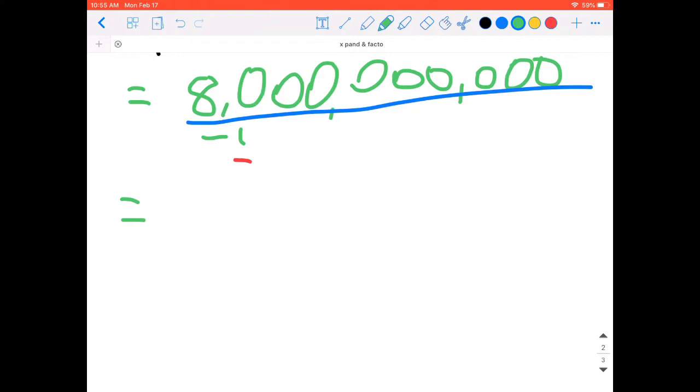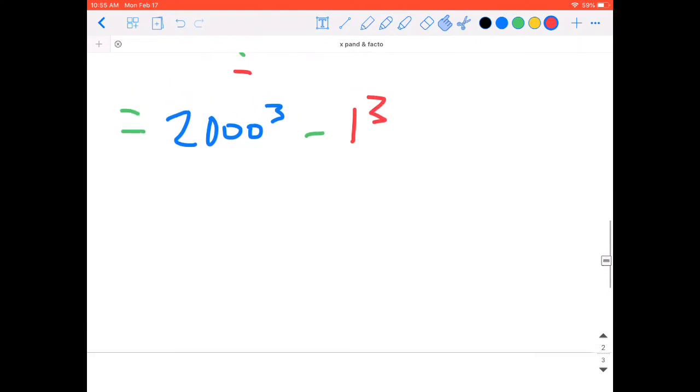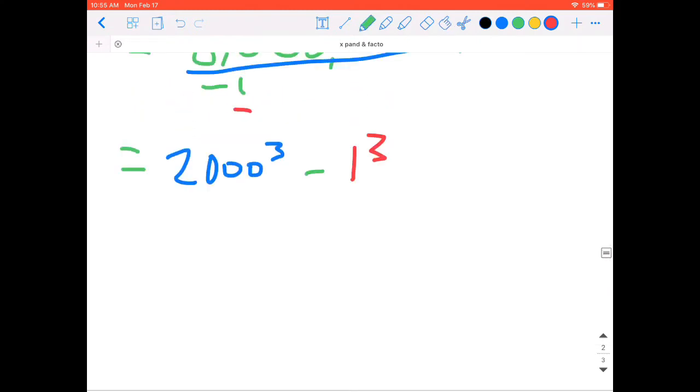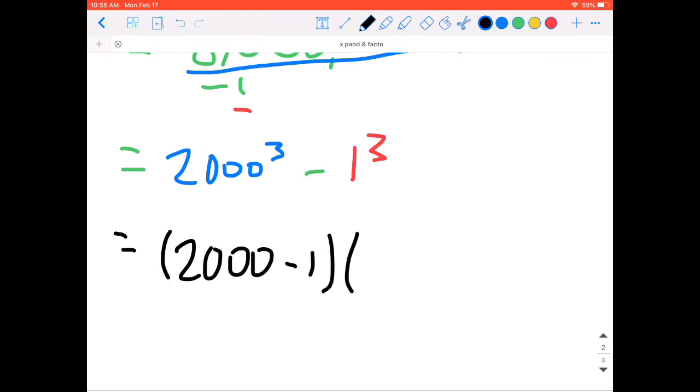That equals, I'll use that in blue, 2000 cubed minus 1 cubed, which then we can say that's 2000 minus 1 times 2000 squared plus 2000 plus 1. Cool, I can.